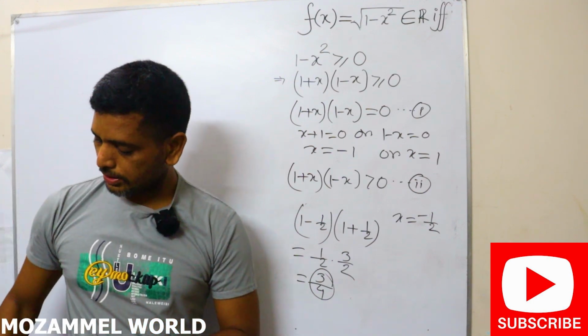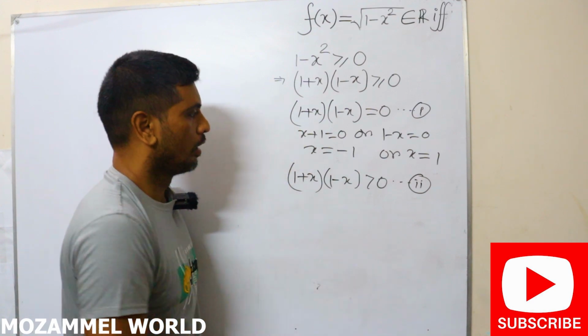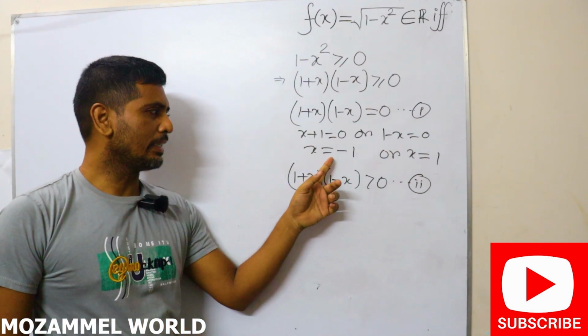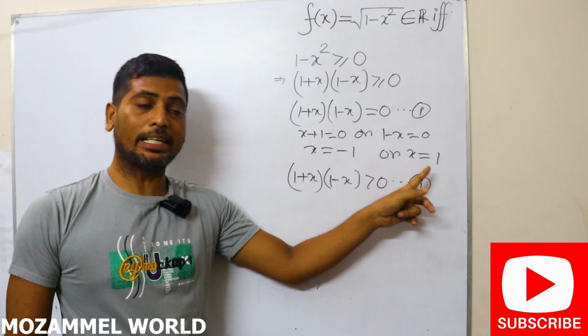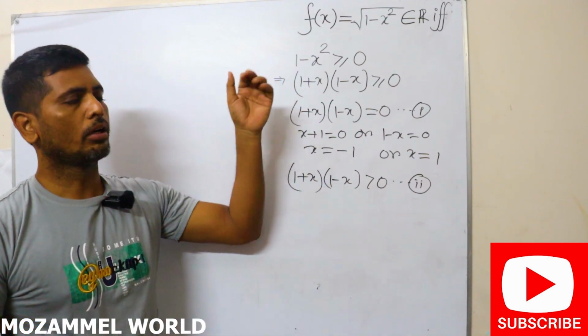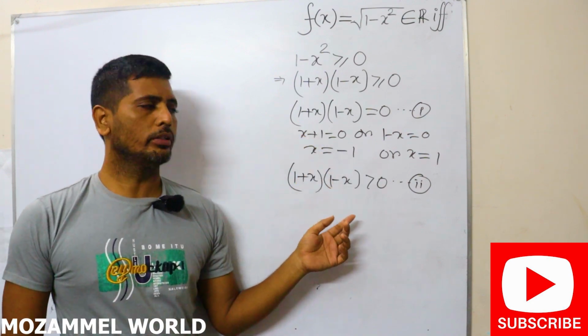So we understand all real values that lie between minus 1 and plus 1, including minus 1 and plus 1, are the domain of this function. So what is the domain of this function?